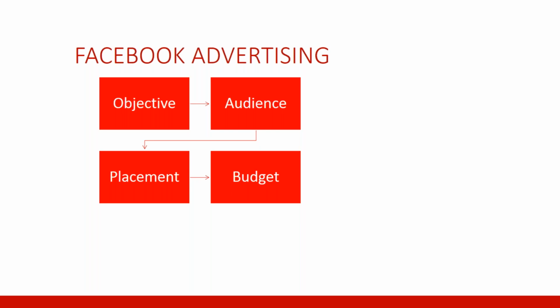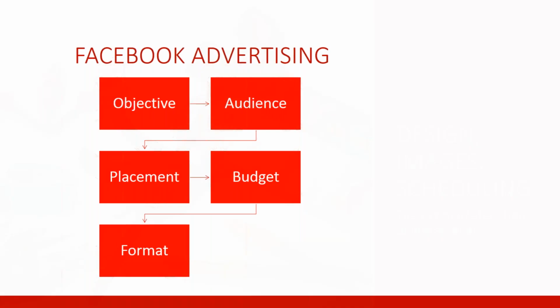And Google AdWords includes YouTube ads, display ads, and the little ads you see at the top of a search when you search on Google. You figure out your objective, who your audience is, where you want it to go, how much it's going to cost you, and what sort of format you want it to take. Do you want it to just be word-based? Do you want it to be imagery? All that sort of thing.